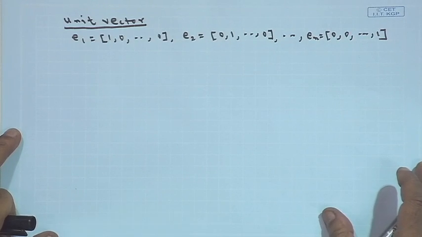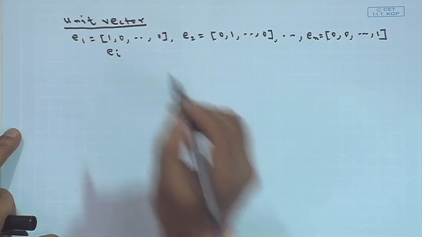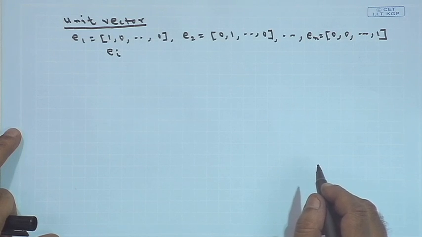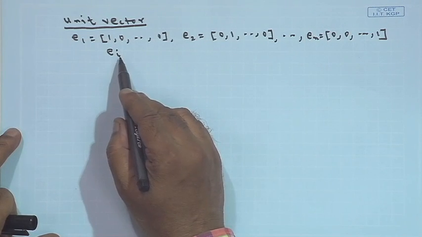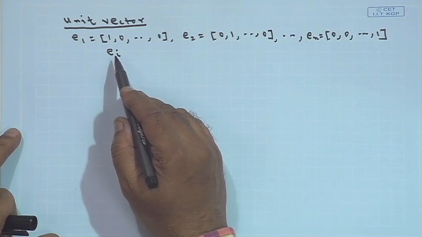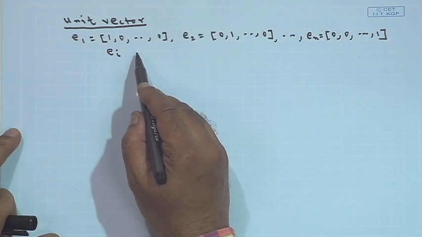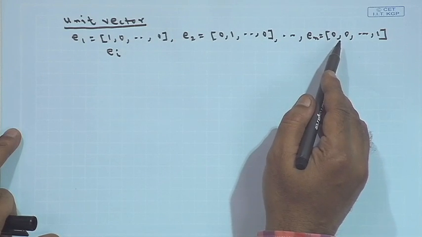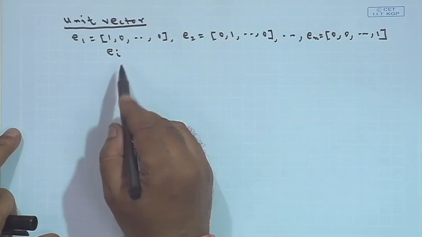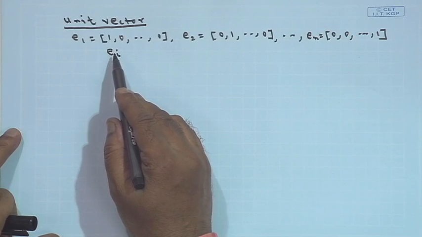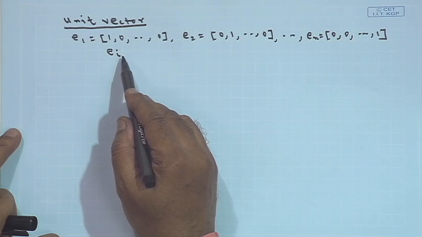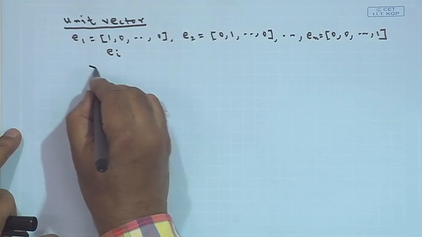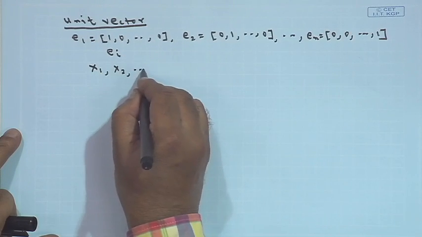So, basically the unit vector you can denote by Ei, the vector with unity as the value of the ith component, or in other words, for Ei the value of the ith component will be 1 and the value of the other elements will be 0, which we have represented like this. I think it is clear that a unit vector is a vector whose ith component is 1 and all other elements are zeros. Now, suppose you have a set of vectors x1, x2, xn.